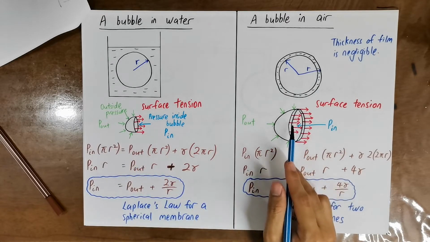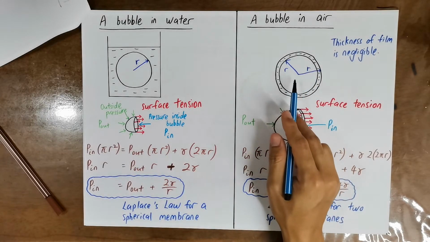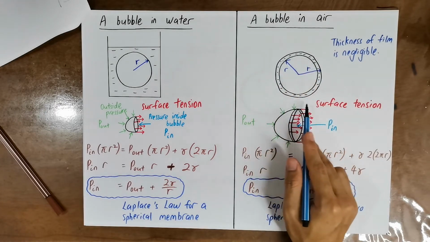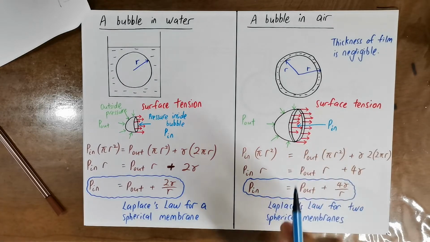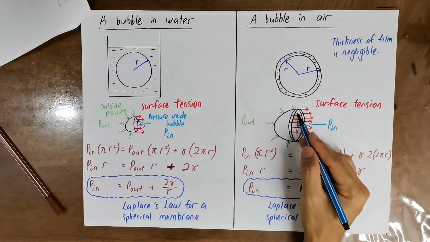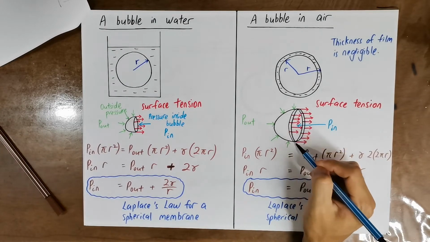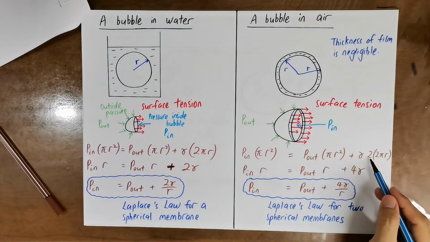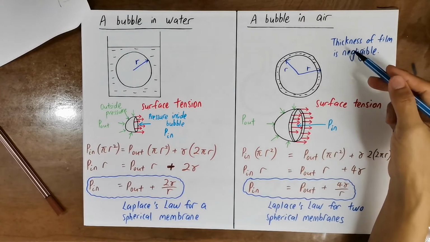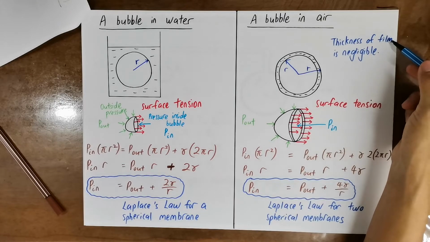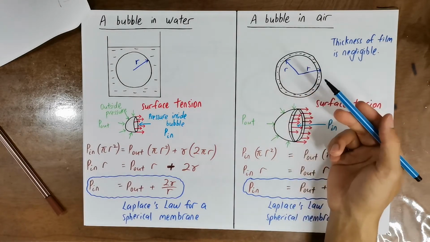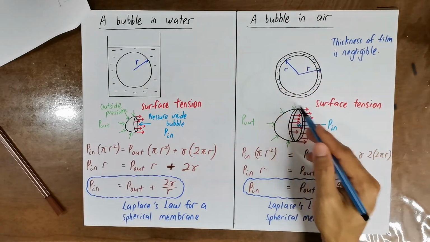For the soap bubble, you have one interface and then another interface, so you have two interfaces altogether. Therefore the effective length is the inner circumference and also the outer circumference, so the effective length here is double. Of course you assume the thickness of the film is negligible, so the 2 pi r of the inner circumference is the same as the 2 pi r of the outer circumference.